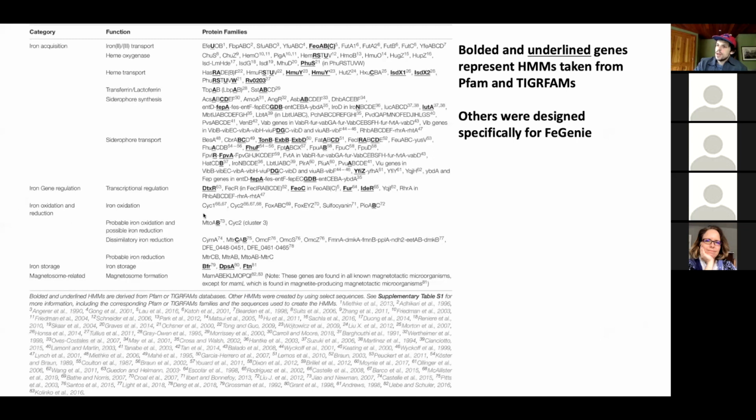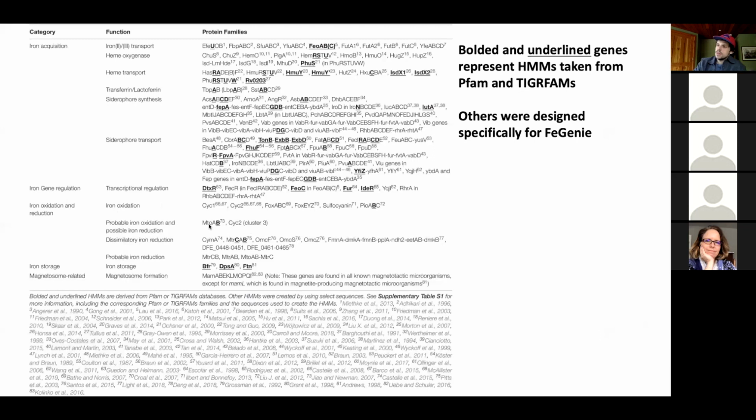I'm not going to dwell too much on the breakdown of iron oxidation and reduction, except to mention that there's really not a lot known yet about mechanisms for iron oxidation and reduction, and the genetic markers are putative, some more so than others.